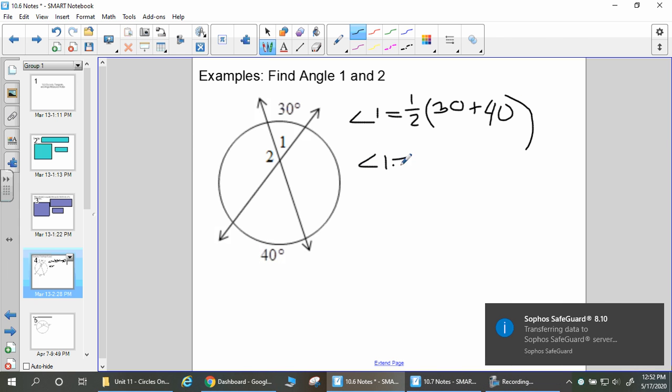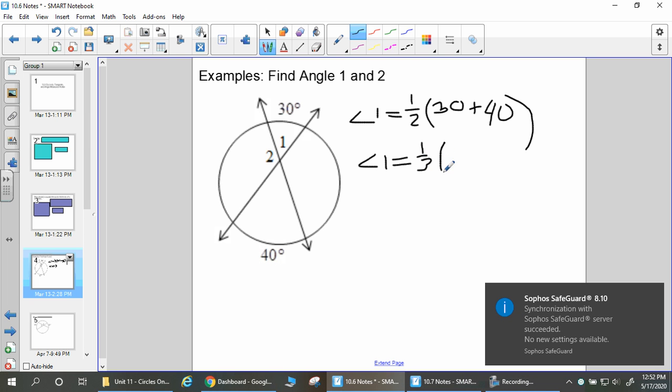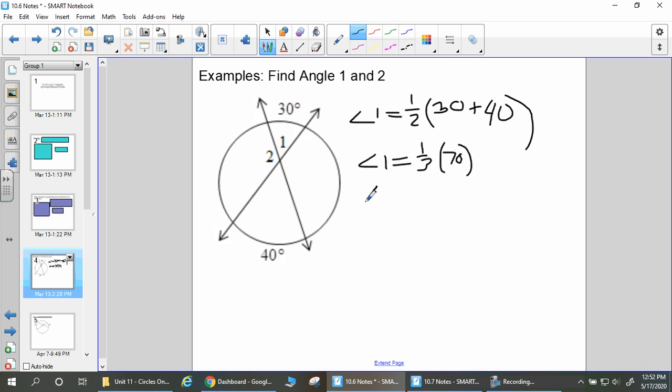Sorry for the pop-ups on my screen. 30 and 40 are 70. And then half, sorry, this should have been a 2 here. Half of 70 is 35. And so that's angle 1.